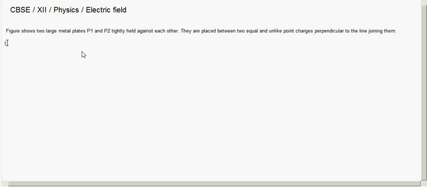Question number A. What will happen to the plates when they are released?